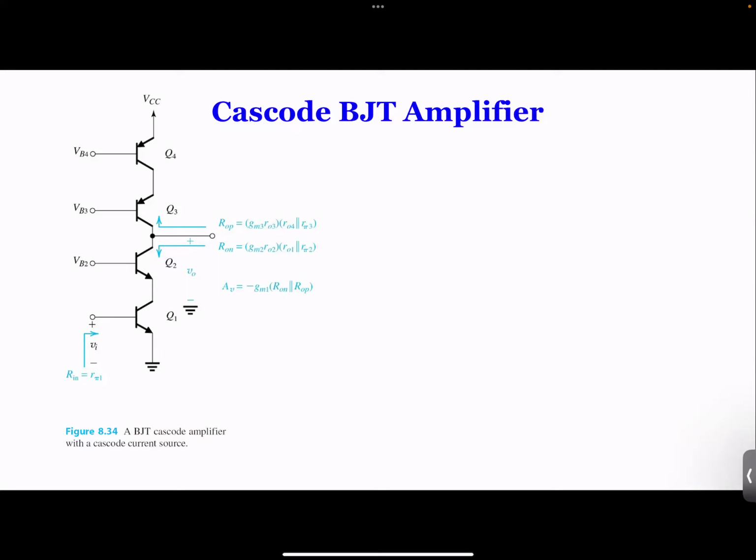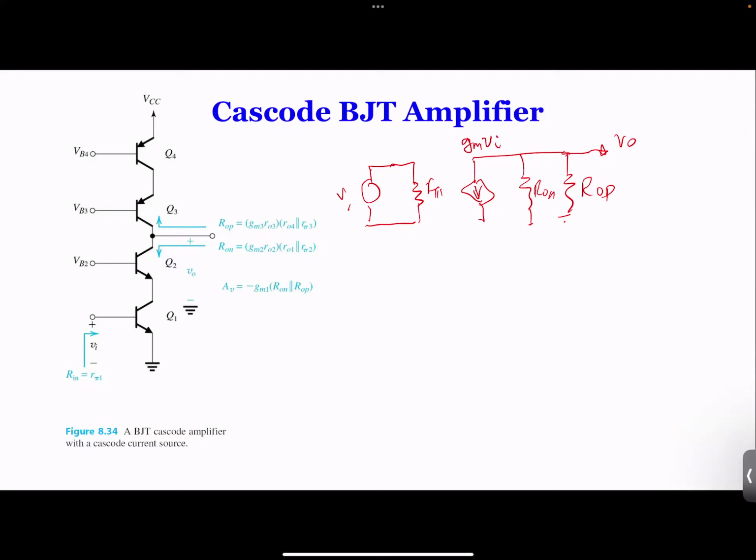In this case, you can redraw the circuit similar to what we did before. You have input VI, and you have R pi 1 coming here, and you have this. Let me draw this, and this is your VO, and you have RO, again PMOS, and RO NMOS, and the gain here is going to be GM times VI.